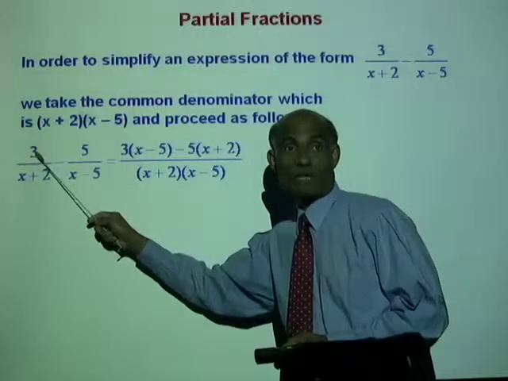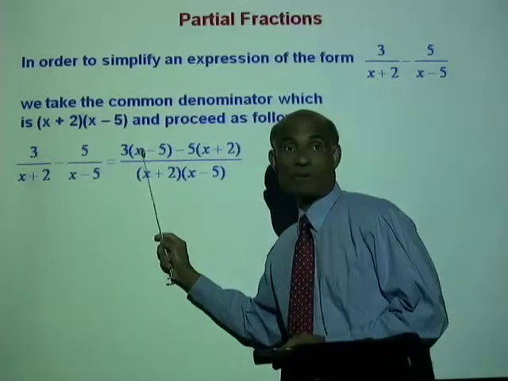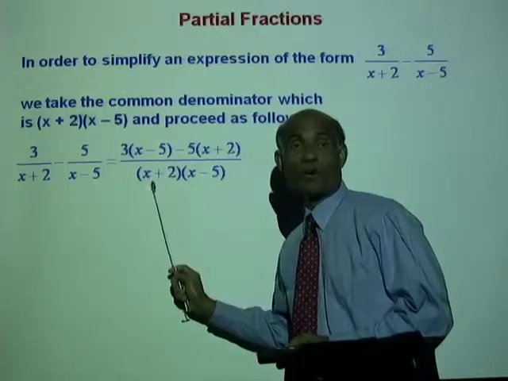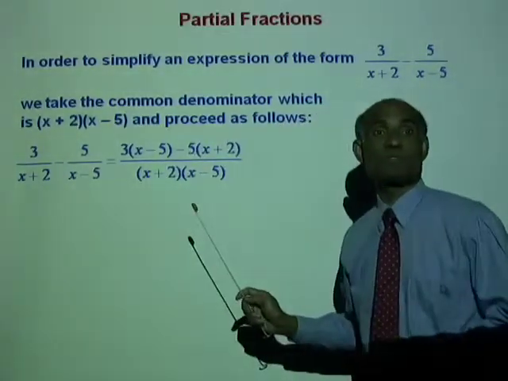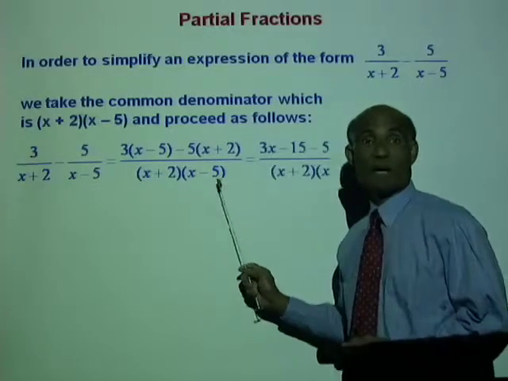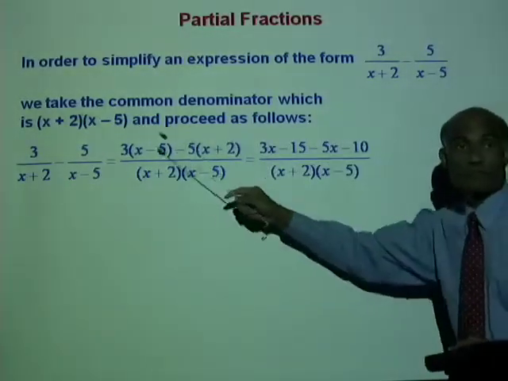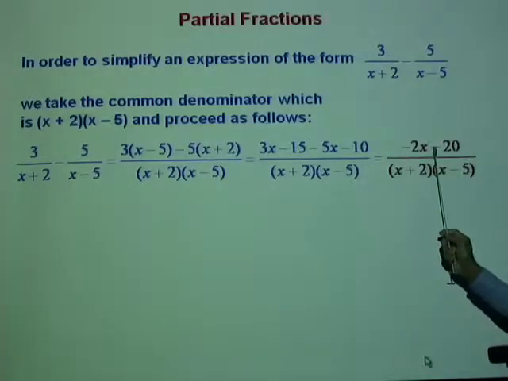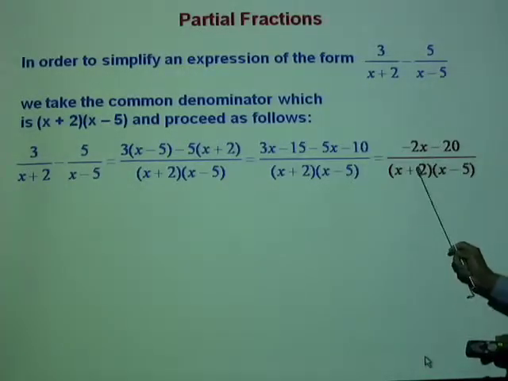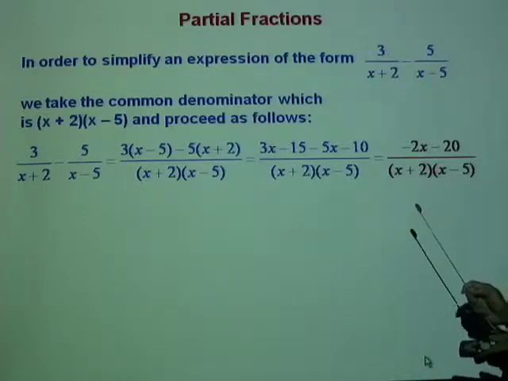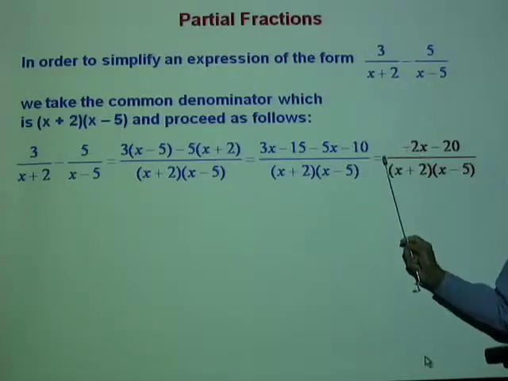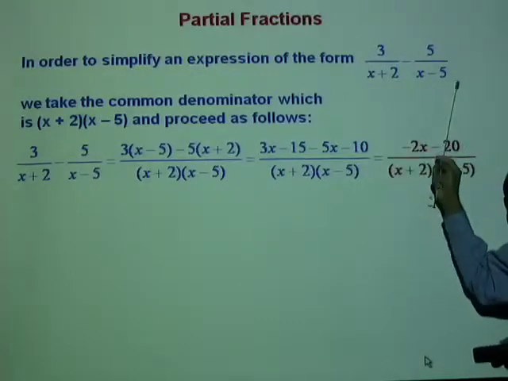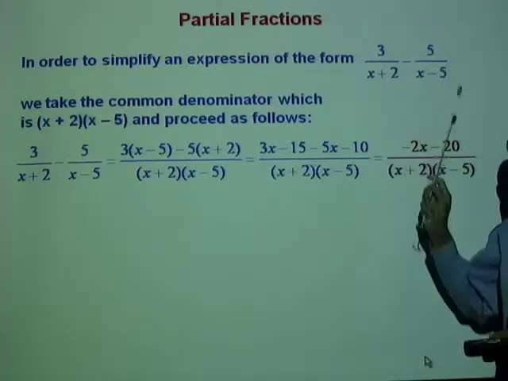So it'll be 3 times x minus 5 minus 5 times x plus 2 all over x plus 2 times x minus 5, and that simplifies to, just expand them, negative 2x minus 20 all over x plus 2 times x minus 5. Now, this is the result of simplifying this expression.